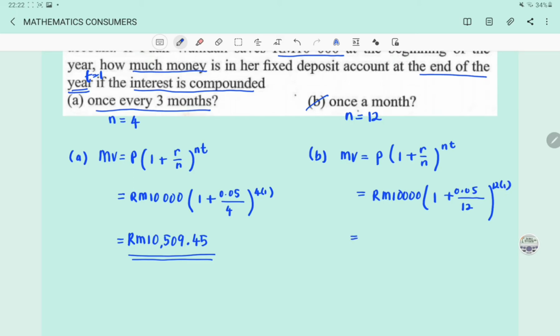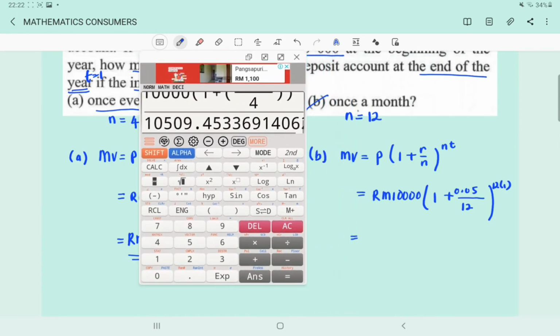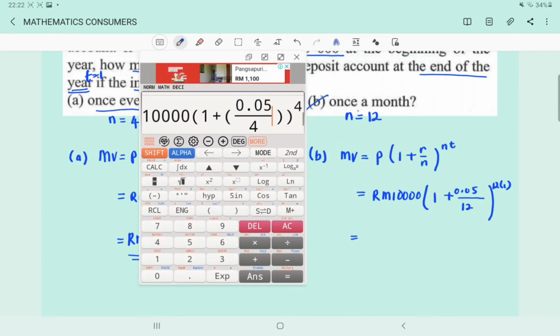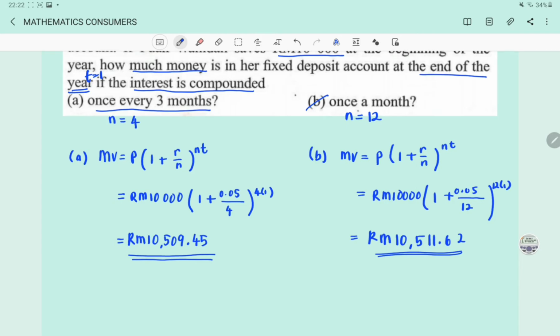And then you calculate. This one is just the same, I just change here over 12. So the answer is RM 10,511.62. This one is the answer if it is compounded once a month.